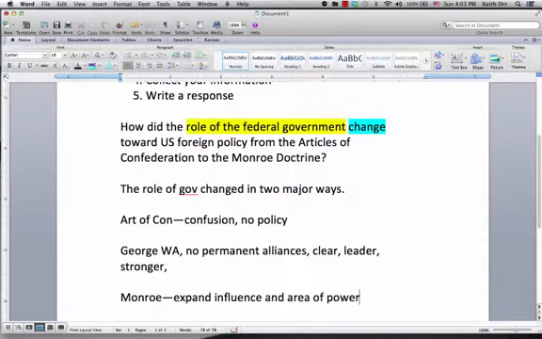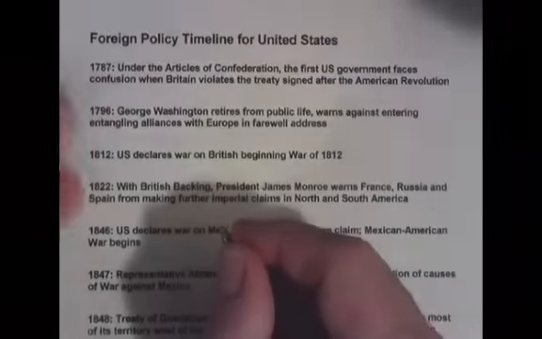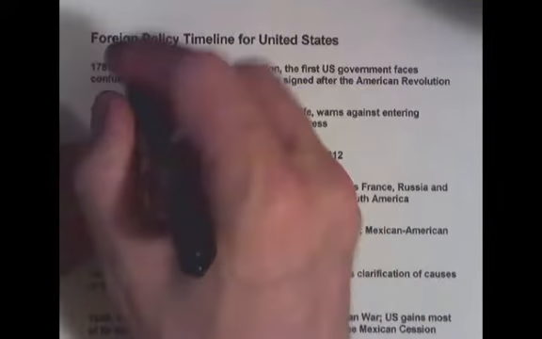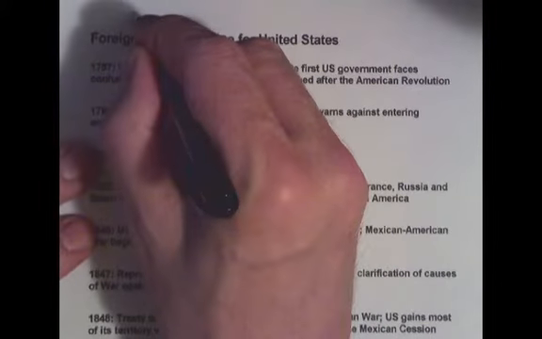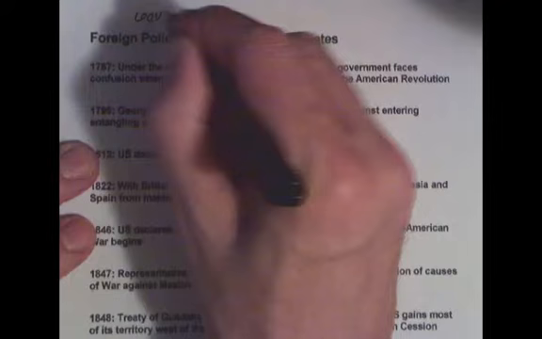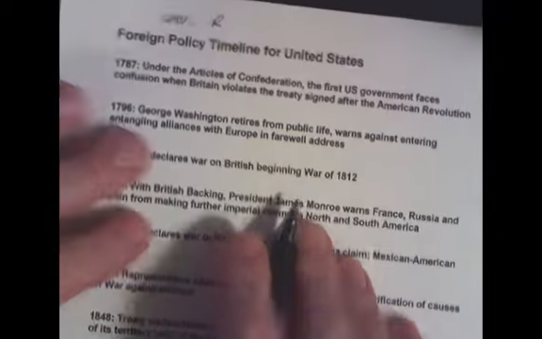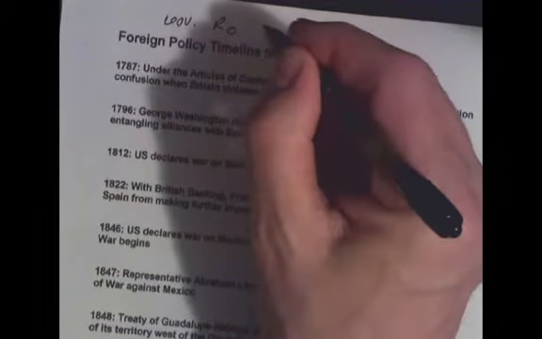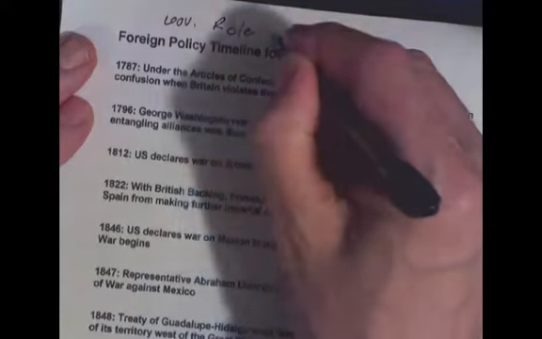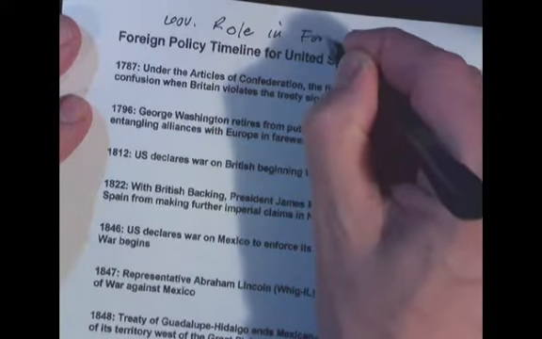Okay, so now I've got a little bit of organization of my response, so in case I forget while I'm going, I'll know what I'm doing. I know where I'm headed mostly. Now I've got to organize the information. The question I'm trying to answer is the government role in foreign policy.